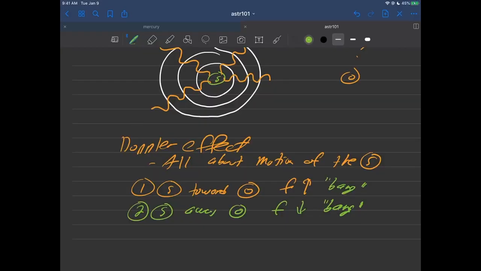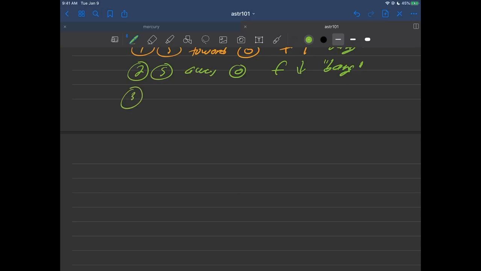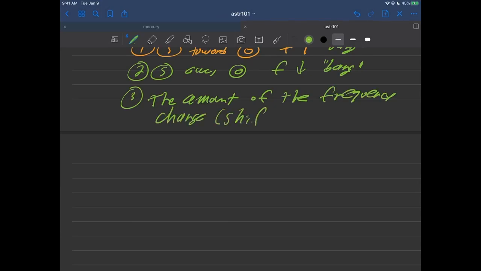All right, and a quick wrap up here. One more fact about the Doppler effect, number 3 as we'll call it, is the amount of the frequency change, or in Doppler lingo the frequency shift, whichever. The amount of the frequency change or shift is related to the speed of the source.